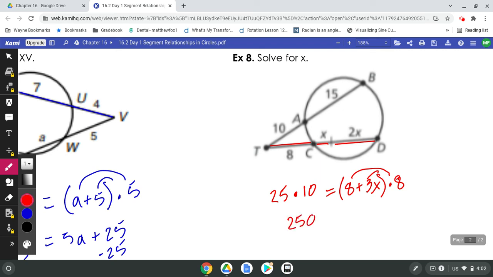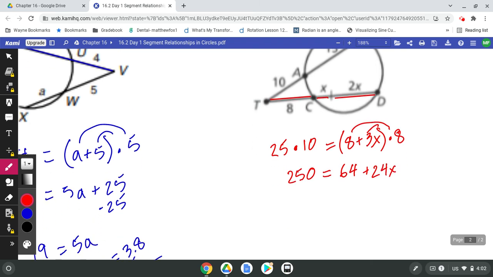So distribute that out. We get 250 equals 64 plus 24x. Subtract the 64, and we're left with 186 equals 24x. We divide, and we get x equals 7.75.